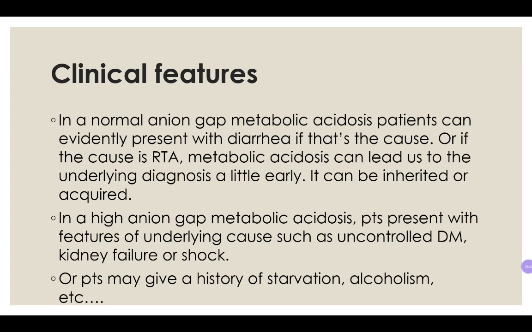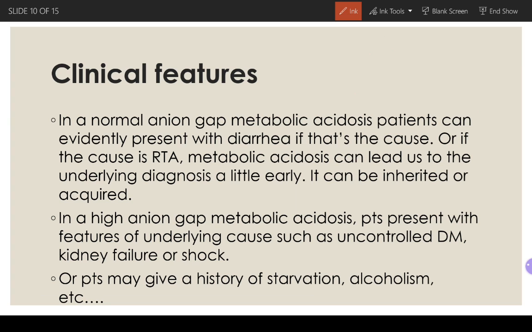So what are the clinical features a person presents with when he has a metabolic acidosis? In a normal anion gap metabolic acidosis patient, if he presents with diarrhea, it means that the metabolic acidosis is due to the diarrhea, right?